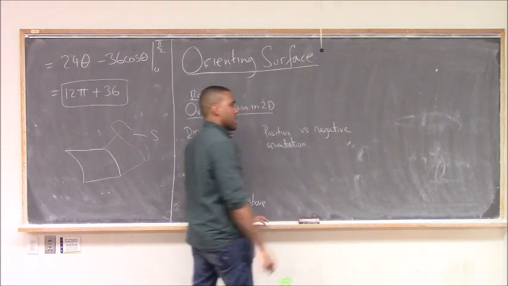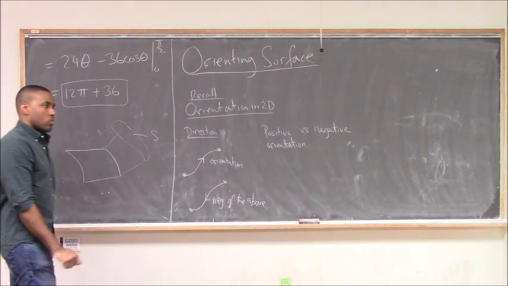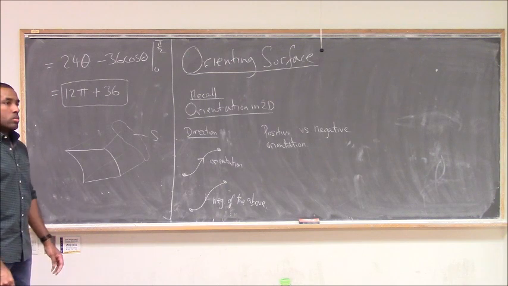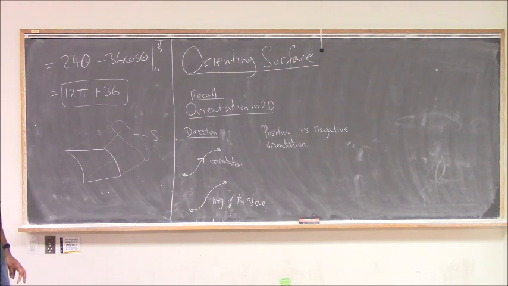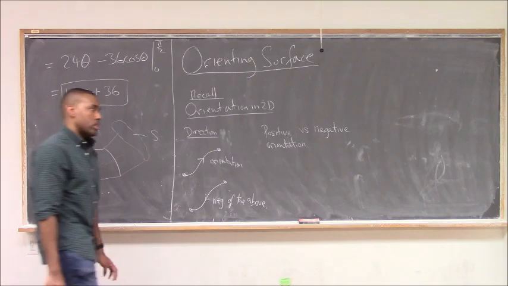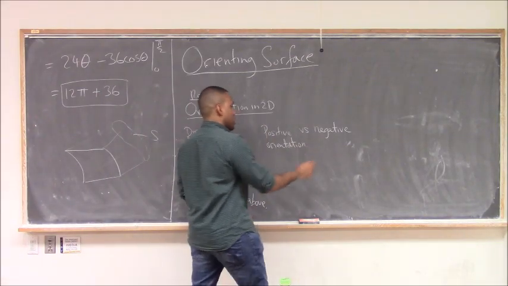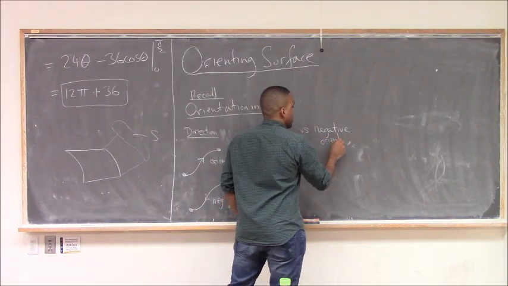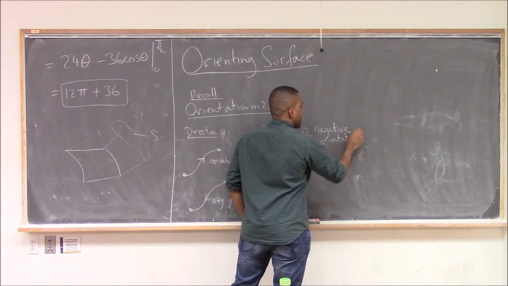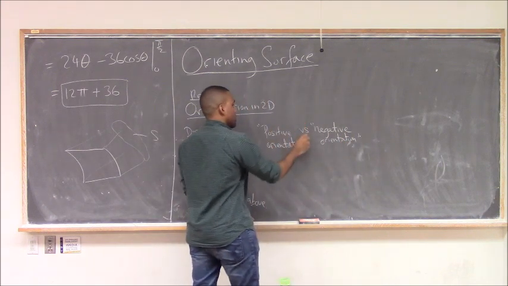Guys, remember when we used that language? Yeah. Positive orientation is sort of like if you wrap your hand around the curve and your thumb points away from the page, or counterclockwise. When you talk about positive or negative orientation in general, it's a characterization of closed curves.